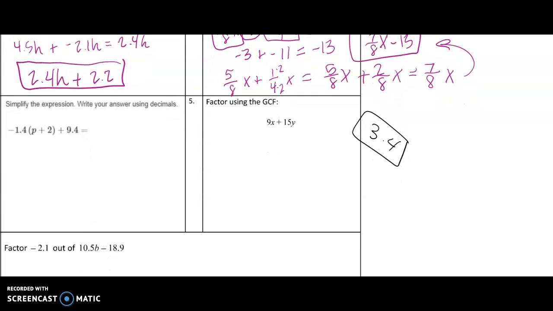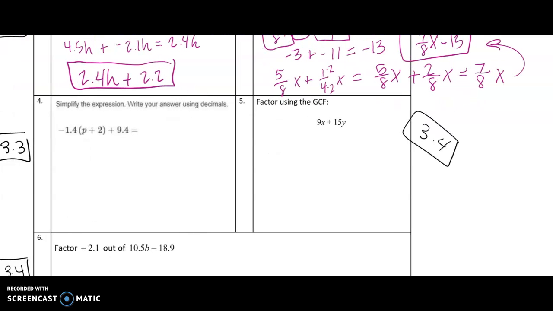For number 4, we are going to first distribute through the parentheses. So negative 4.1 times p is just negative 4.1p, plus negative 1.4 times 2 gives us negative 2.8, and then we have plus 9.4 that we just bring down.